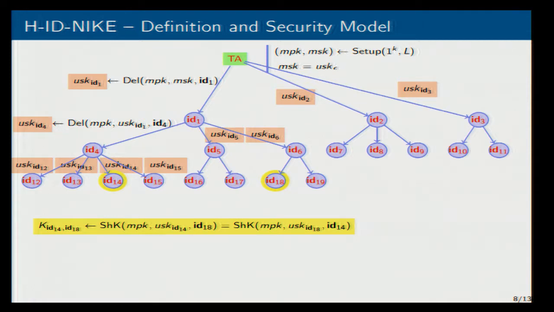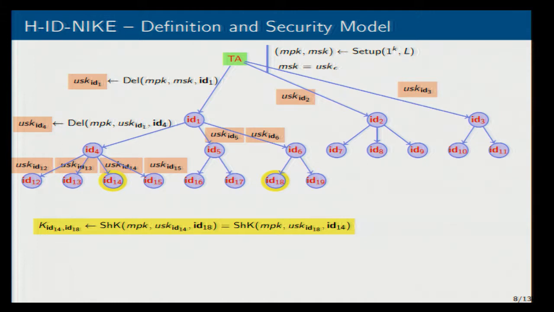Now, any 2 users in the hierarchy should be able to compute a shared key using the shared key algorithm, and they can do this non-interactively. For this, a user uses its private key and the identity of the other element, together with the master public key, to generate a value. Of course, when the other identity does the same procedure, it can obtain the same value.